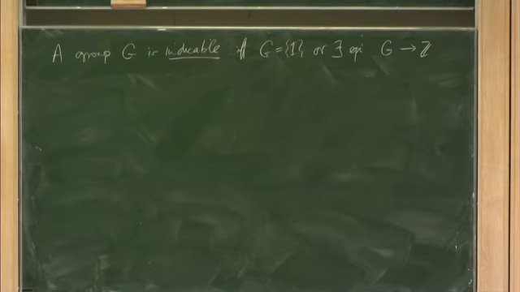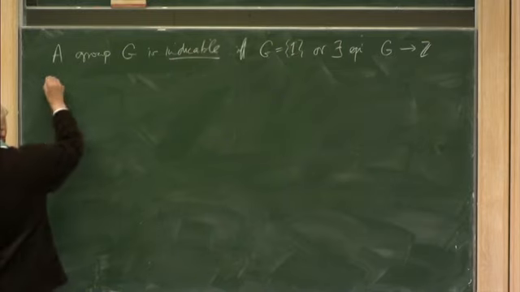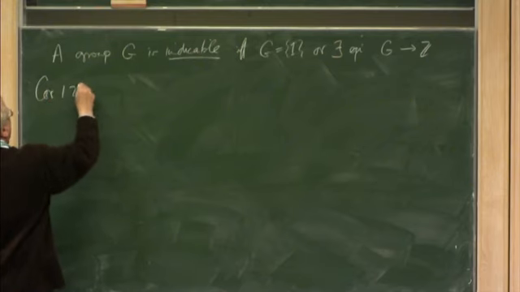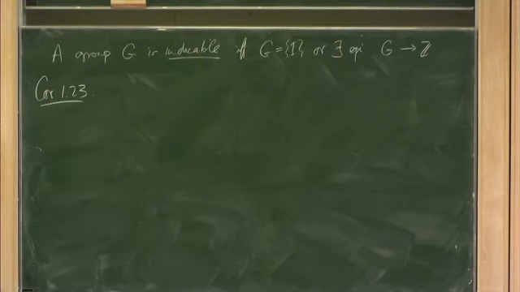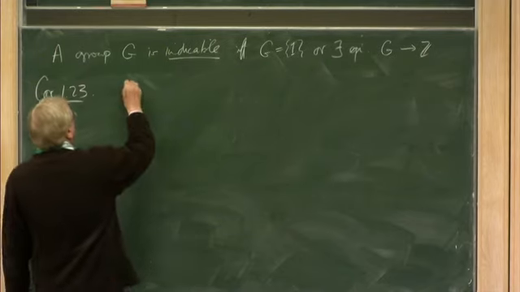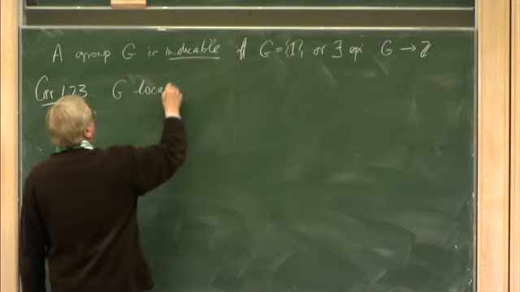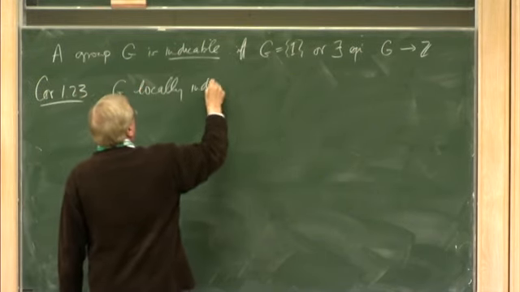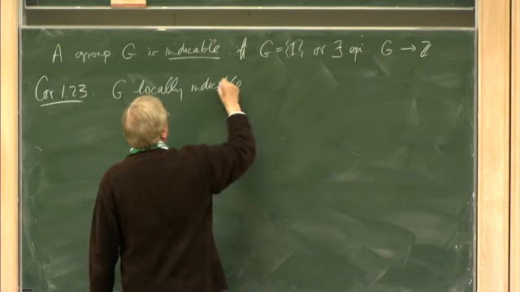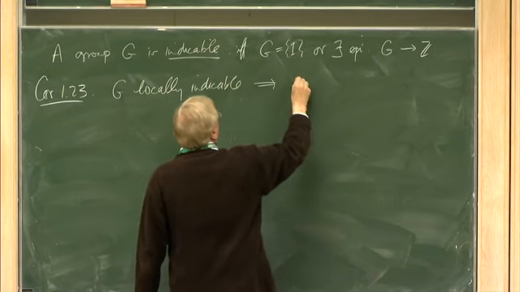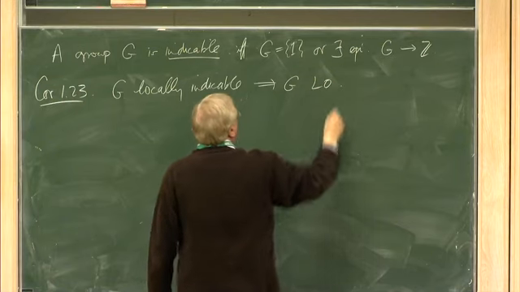We'll use this concept in a minute when we talk about three manifold groups. But let's just notice a corollary to the Burns-Hale theorem: if a group G is locally indicable, then G is left orderable.